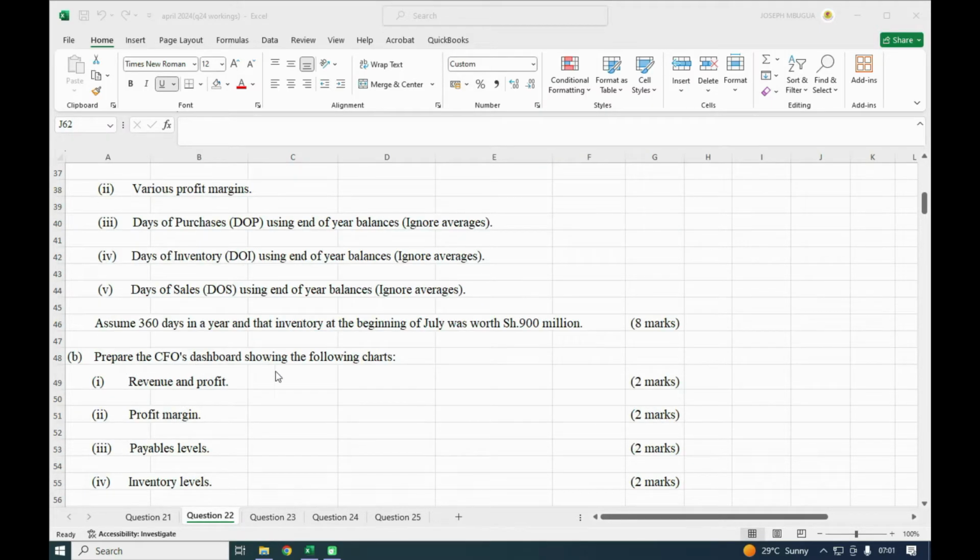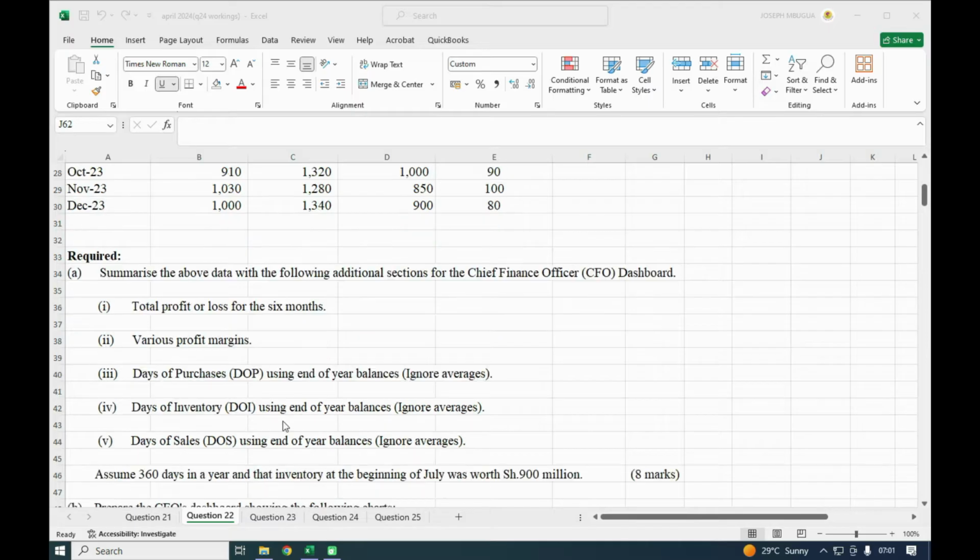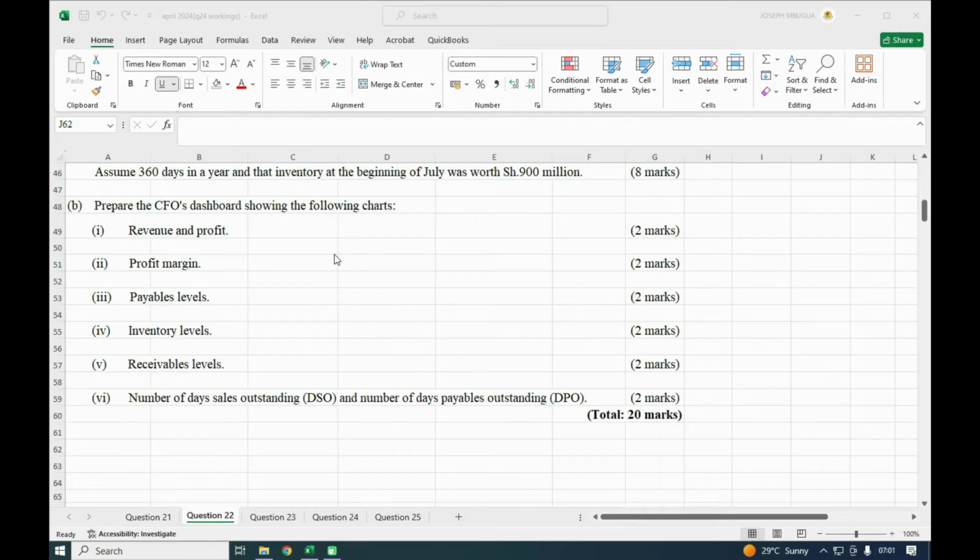Prepare CFO dashboard showing the following charts. Now this one is a dashboard. Part 1 is only the additional section that may be included in the CFO dashboard. But number 2 now is where we need to prepare the dashboard itself in Roman 2.